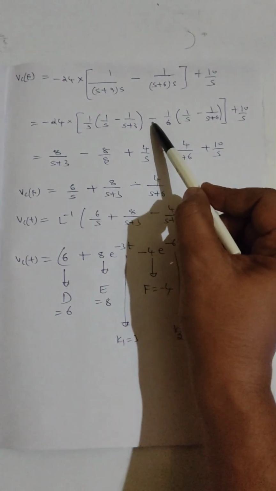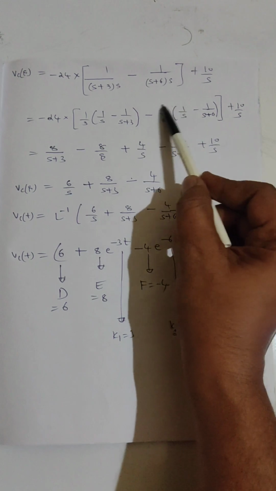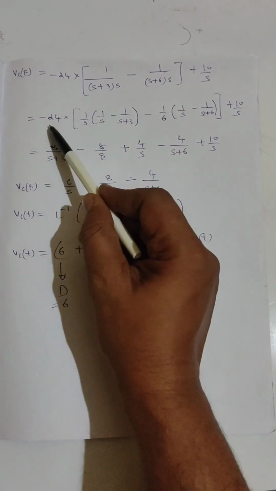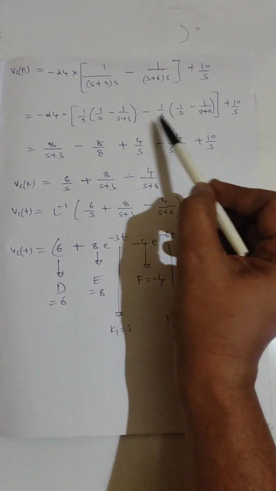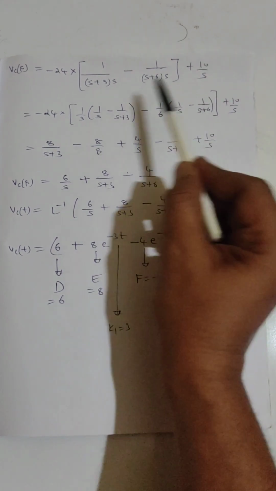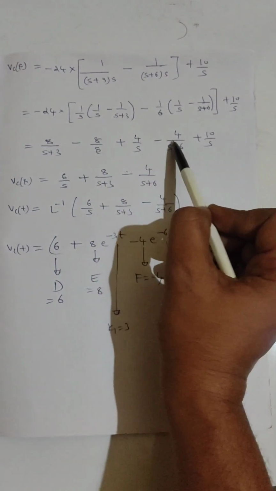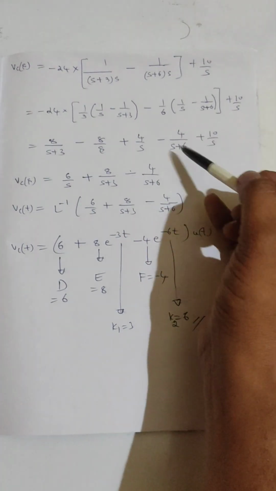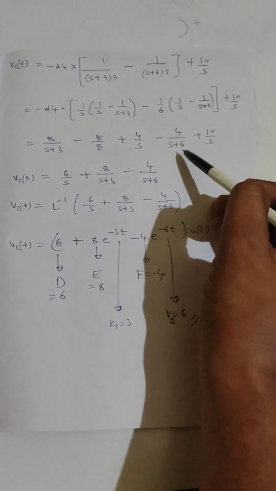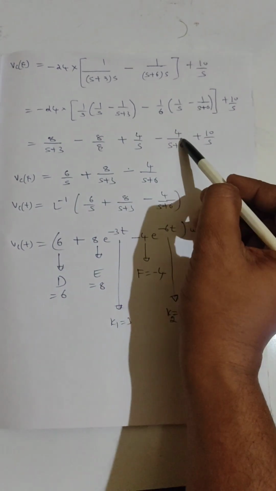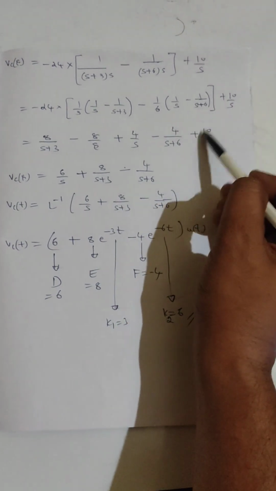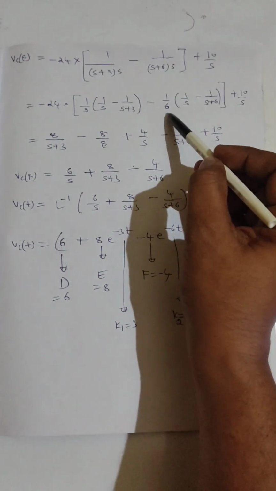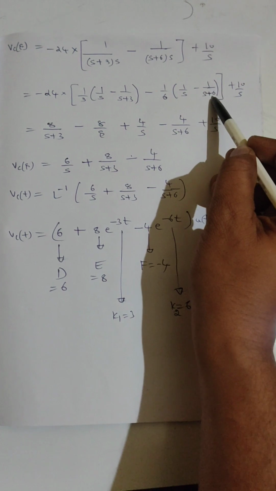Similarly, for this one, minus into minus plus, 24 by 6 is 4 by s, minus into minus plus, 24 by 6 is 4 by s plus 6, plus 10 by s. See, this 1 by 6 is applicable for this one as well as this one.